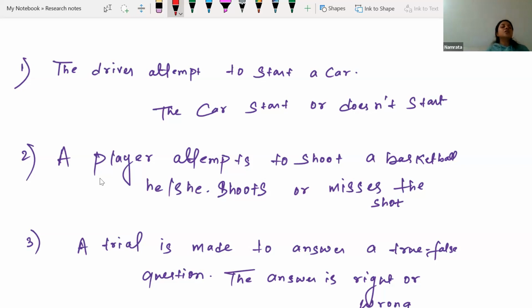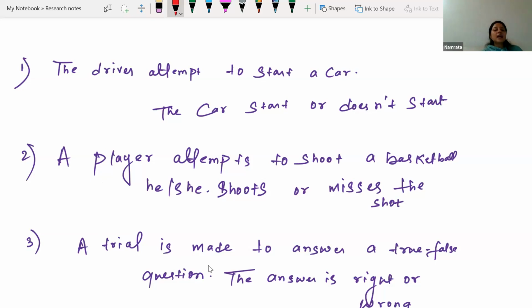So here also we cannot say it is equally likely. If the player is not prepared at all, there are more chances he will miss the shot. If the player is fully prepared and one of the best, there are more chances that he will shoot. So a 50-50% chance is not there and it is not equally likely.